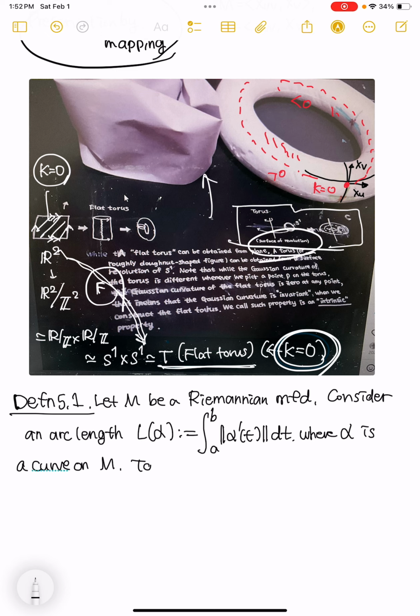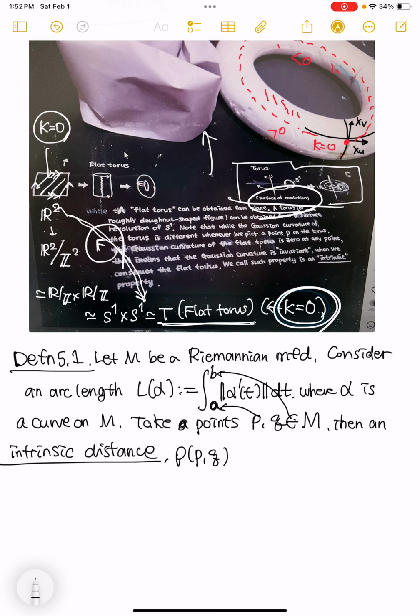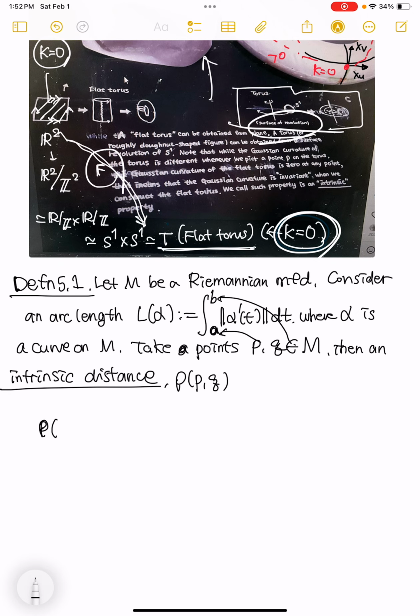Now, take points P and Q in M. Then the intrinsic distance, denoted by ρ(P, Q), is the infimum of every arc length from P to Q. We can find the infimum of the arc length.